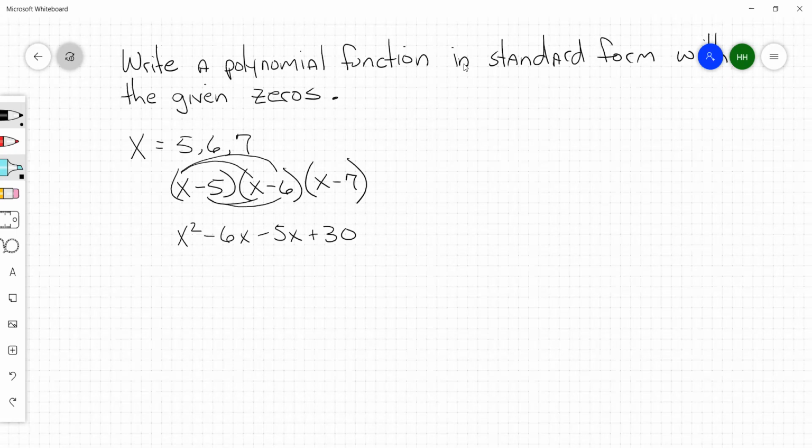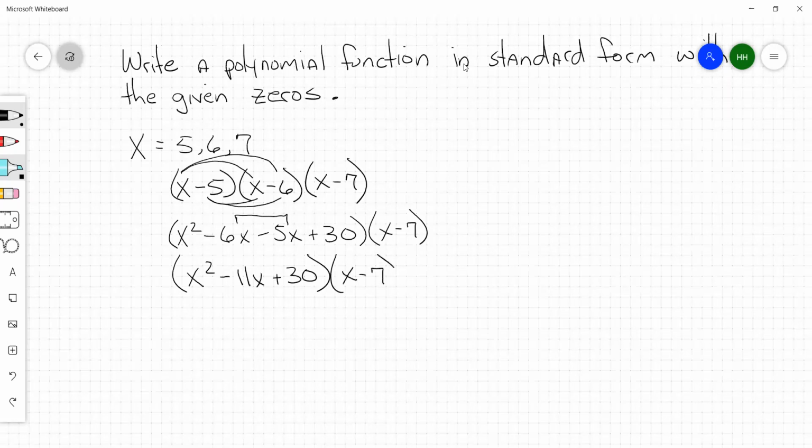So that's the product of your first 2 factors. And let's clean this up. We still got to multiply by x minus 7, and we're going to combine these like terms right here. So we get x squared minus 11x plus 30. We still got to multiply it by x minus 7.